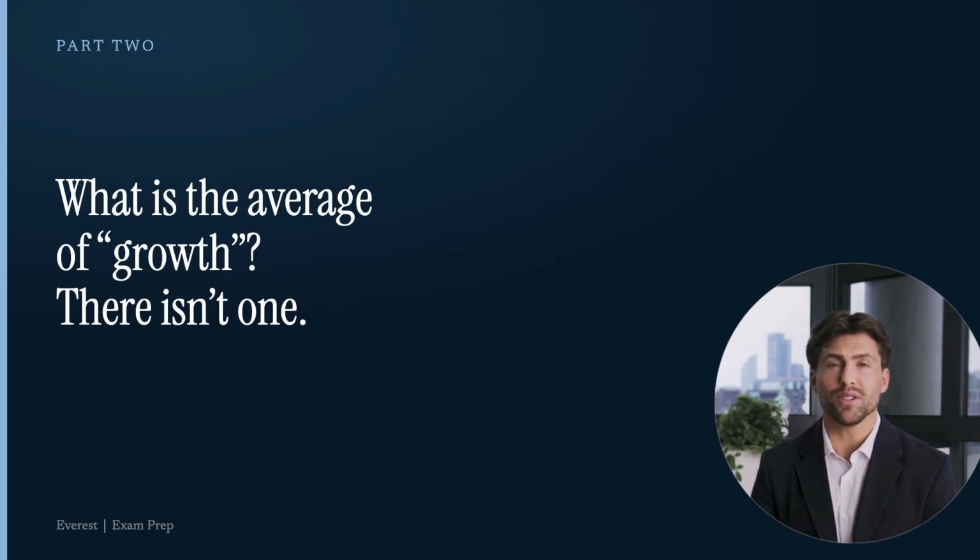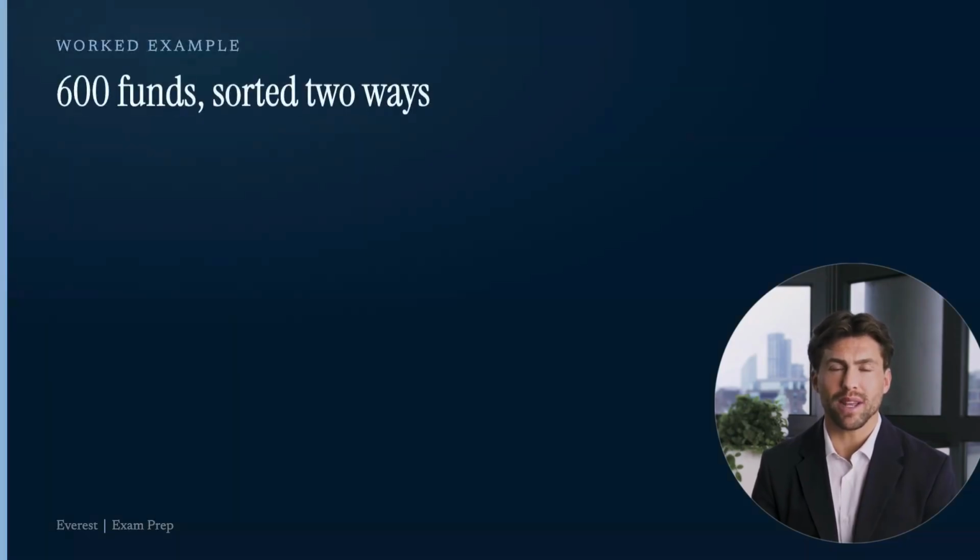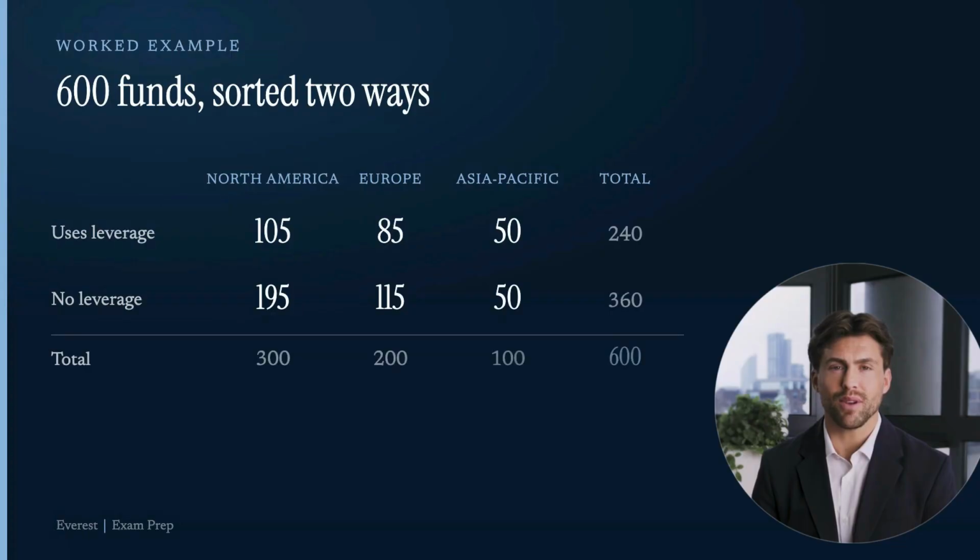There is no such thing as the average of growth, so correlation has nothing to work with here. So instead of measuring, you count. Take 600 equity funds and sort them 2 ways at once, by region and by whether they use leverage. Every fund lands in exactly one of 6 boxes.